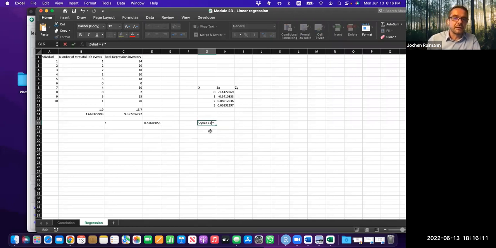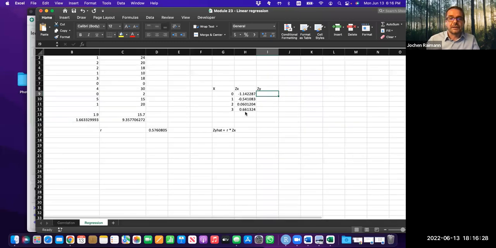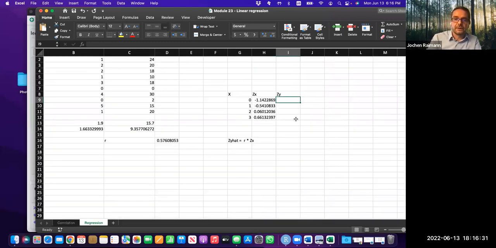So you can calculate z_y hat by multiplying r, the correlation coefficient, by z_x. This is a quick way of calculating it. So you end up calculating z_y hat, and multiplying this by your z_x gets you to z_y.